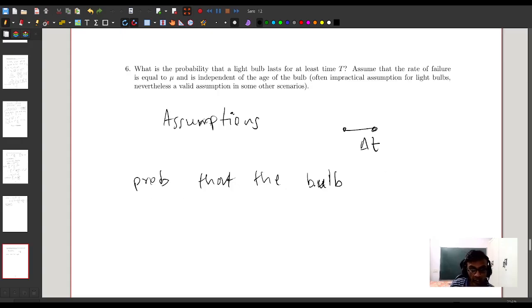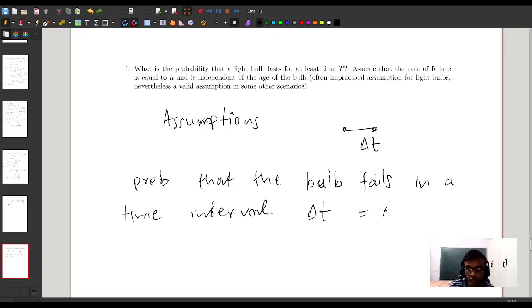So we can replace the statement that the probability that the bulb fails with a statement that the probability that some true or false event happens. So the probability that the bulb fails in a time interval delta t, let's say it is delta p.